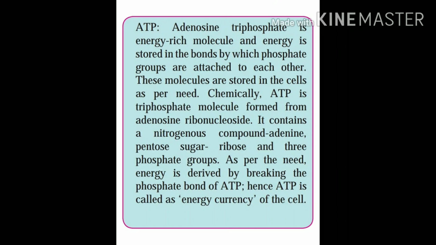ATP means adenosine triphosphate. It is an energy-rich molecule and energy is stored in the bonds by which phosphate groups are attached to each other. These molecules are stored in the cells as per need. Chemically, ATP is a triphosphate molecule formed from adenosine ribonucleoside.